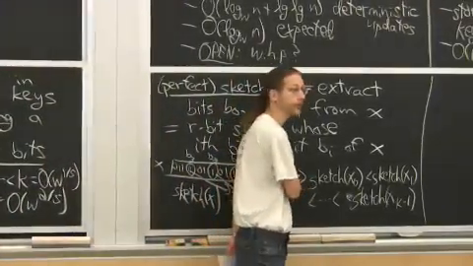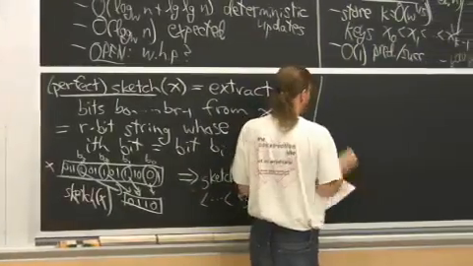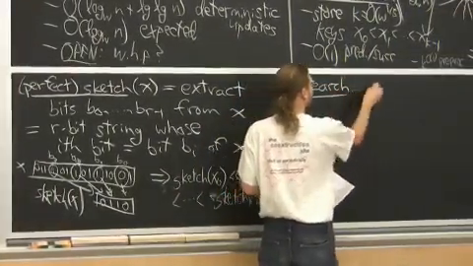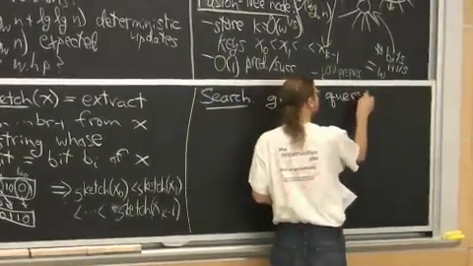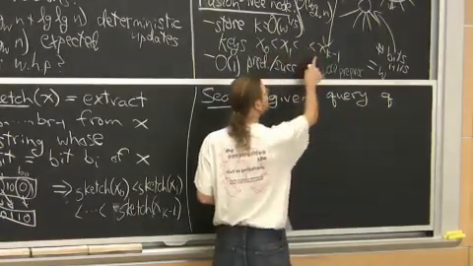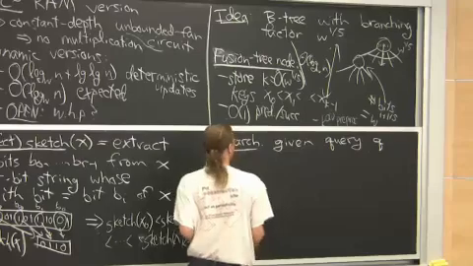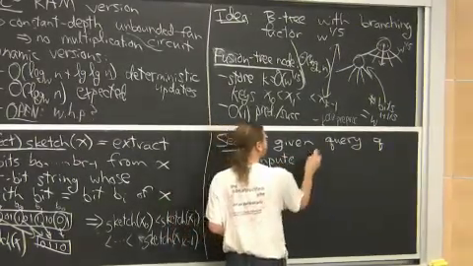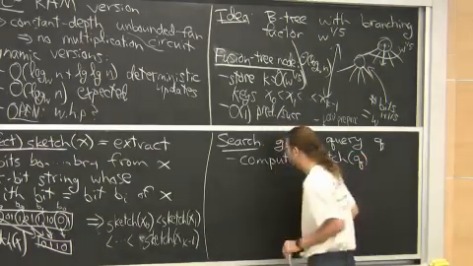The trouble is the following. Suppose you want to do a predecessor search. You're given some query Q, and you want to know where Q fits among the xi's, because that will tell you which child to visit from here. So you compute the sketch of Q. Seems reasonable. Move into sketch world.